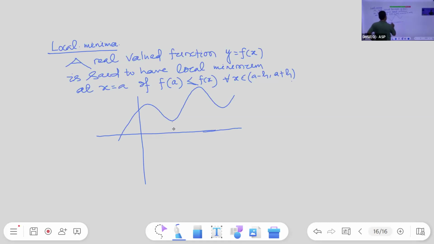Suppose this is x is equal to a, a minus h, a plus h. The function attains the minimum value at x is equal to a with respect to its neighborhood points, that means in the interval a minus h to a plus h. Is it clear to you? Please write in the chat box.